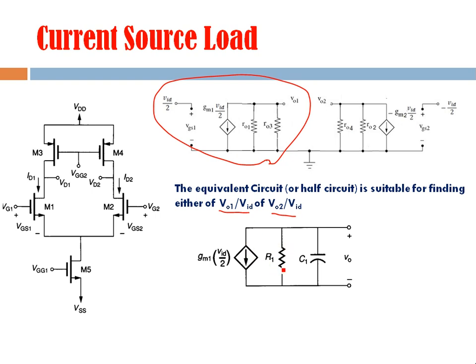Now this R1 is coming from the parallel combination of these two resistive components. So this R1 is given by this. It's the drain source resistance of the first device, and this is the drain source resistance of the third device. So RO1, RO3, right? And this C1 is the total or net capacitive components which are connected between this output terminal and ground.